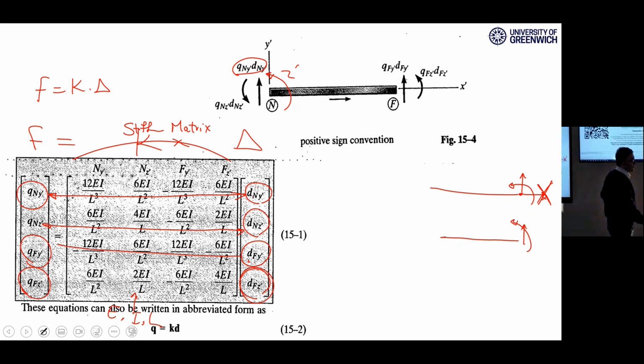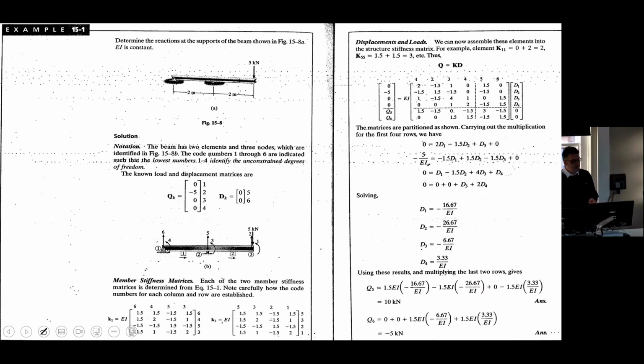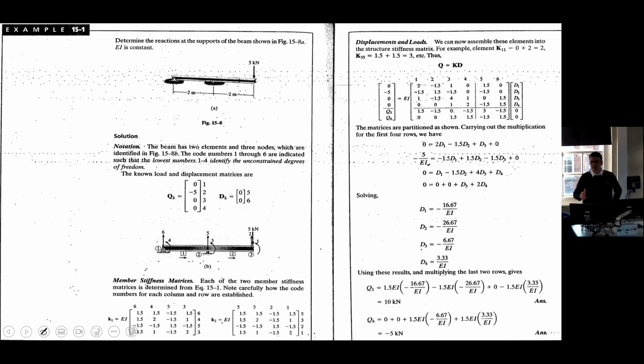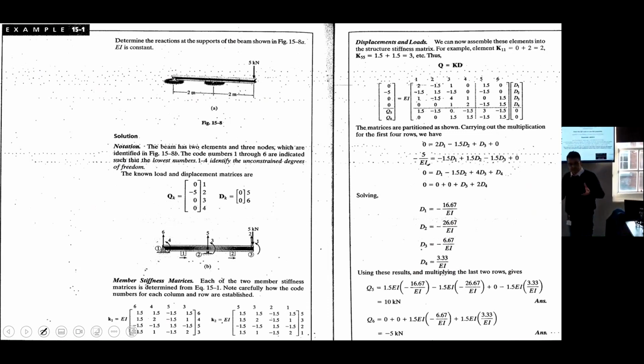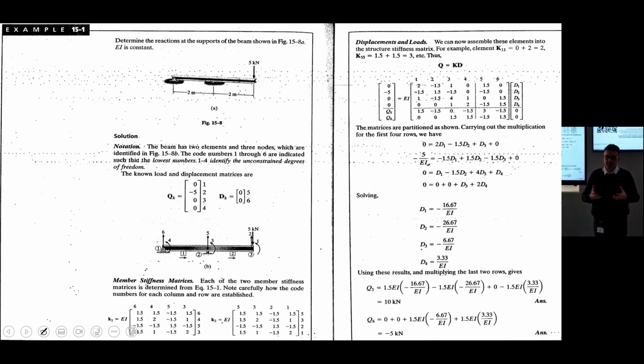Let's go for the first example for the beams, which is example 15.1, which means the first example in chapter 15. First of all, try to understand the question, especially in the exam. When you get your papers in the exam, don't rush to write whatever comes to your mind.